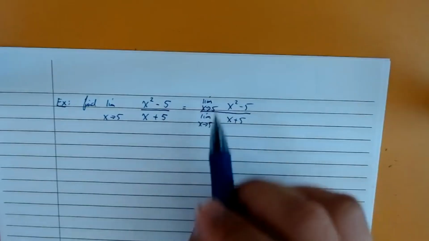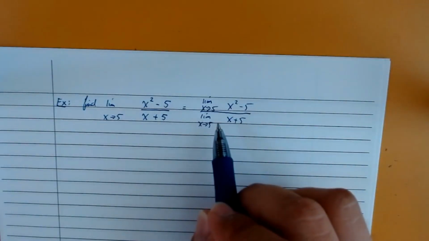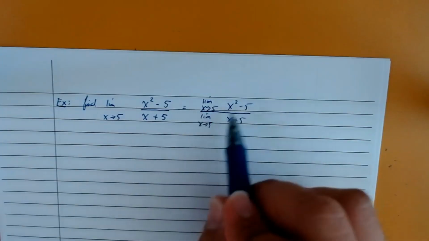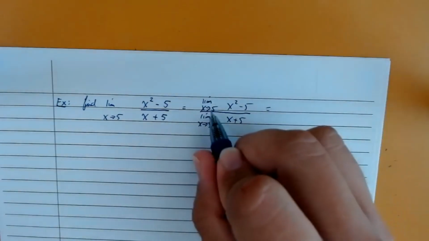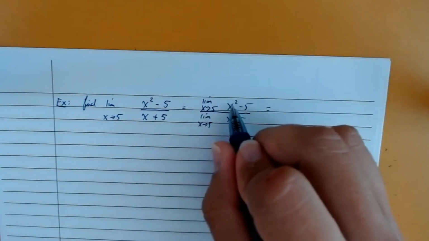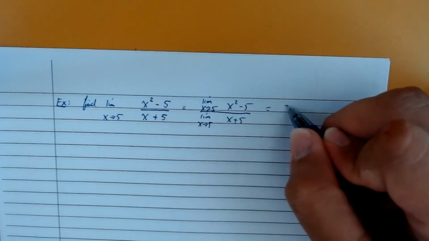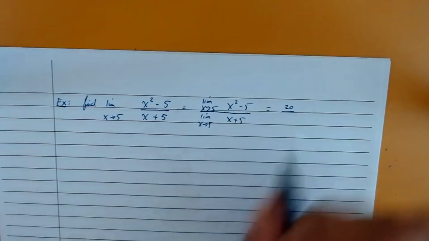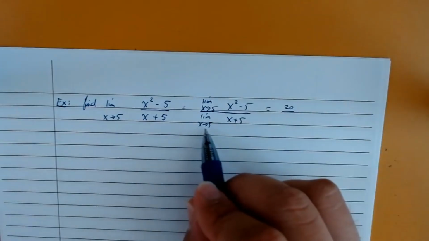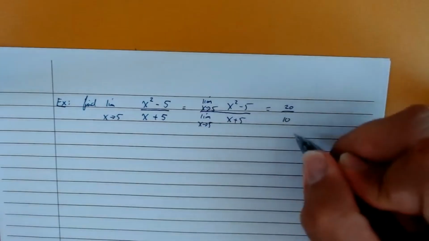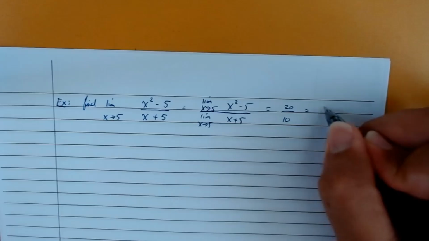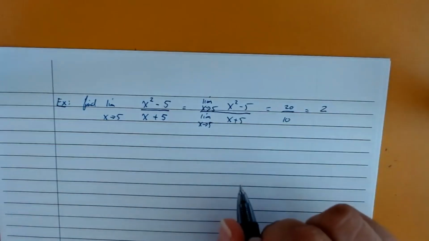And notice that the top and the bottom are polynomials, which means now we can use our simple property of just plugging in the number. Okay, well, let's see what happens when we plug in the number. If we plug in 5, 5 squared is 25. 25 minus 5 is just 20. Okay, that's good. What if I plug in 5 here? Well, that'll be 5 plus 5 is 10. And 20 divided by 10 is 2. Okay, so here it is acceptable to plug in the number.